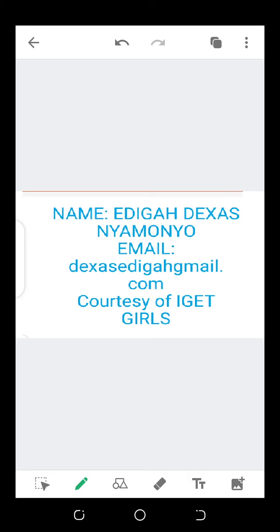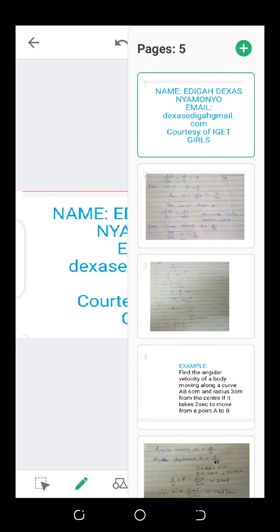This is courtesy of Eagle Girls, a continuation of our physics class on uniform circular motion. We've looked at the definitions and derived some formulae.